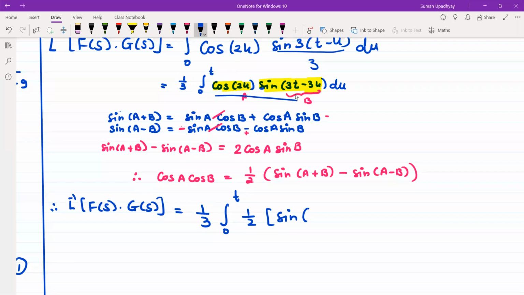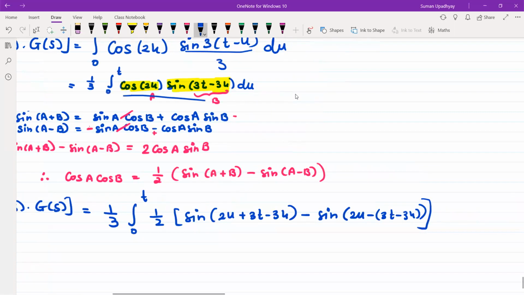We integrate with respect to u: 2u plus 3t minus 3u. Very good. And then minus sine A minus B, that is 2u minus 3t minus 3u. I hope everyone has understood what I have done over here.